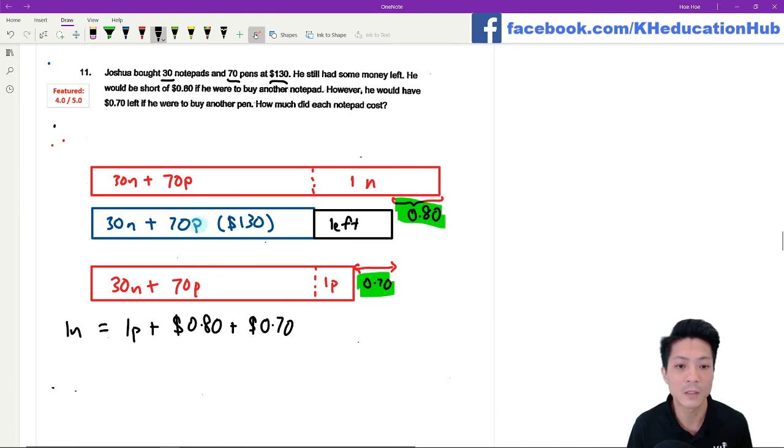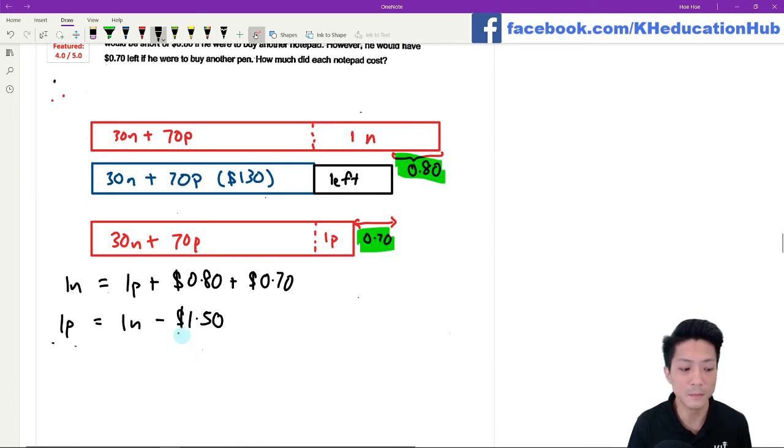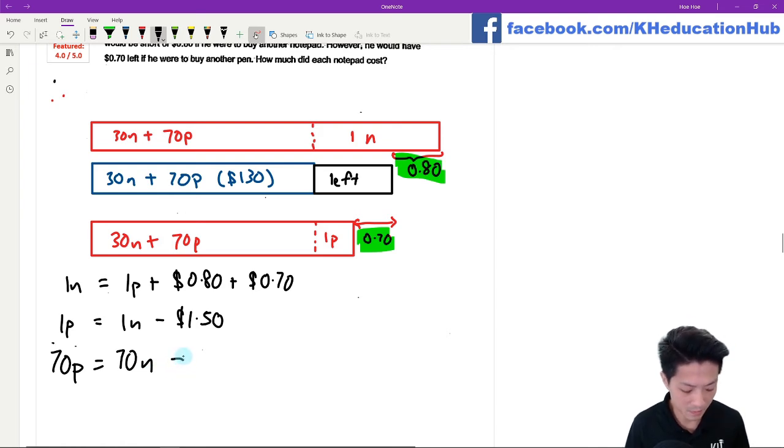Okay, I'm gonna replace all the pen, which means that now I need to rewrite it into 1 pen is basically equal to 1 notepad minus 150. I'm gonna scroll it down a bit. Okay, so 70 pen is equals to 70 notepad minus 150 times 70 will give me $105.